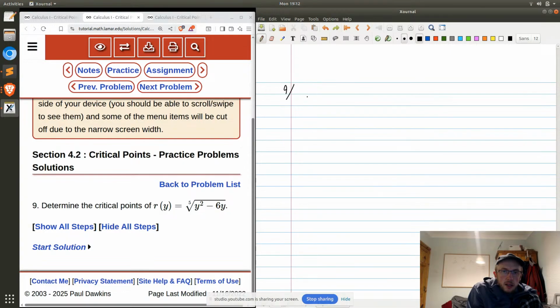Okay, so we're going to go straight into finding r prime of y. One-fifth of y squared minus 6y, and that's to the negative 4/5. And that had all been multiplied by 2y minus 6.